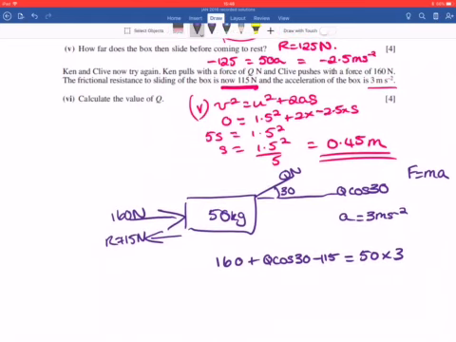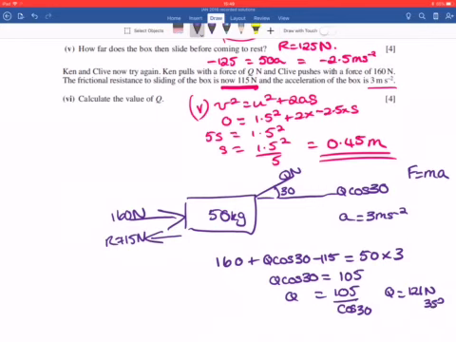So rearranging, Q cos 30 equals, I think when you sort all that out, it equals 105. So Q is 105 over cos 30, and you should get 121 newtons to 3 significant figures. Okay. Right.